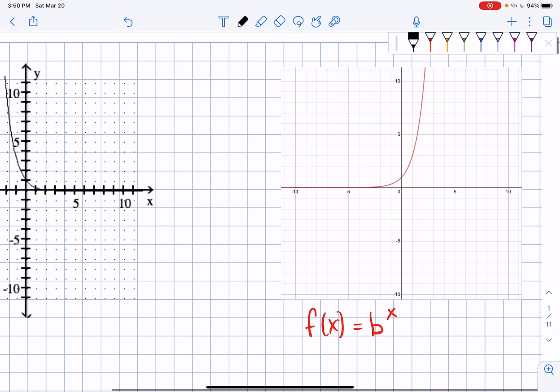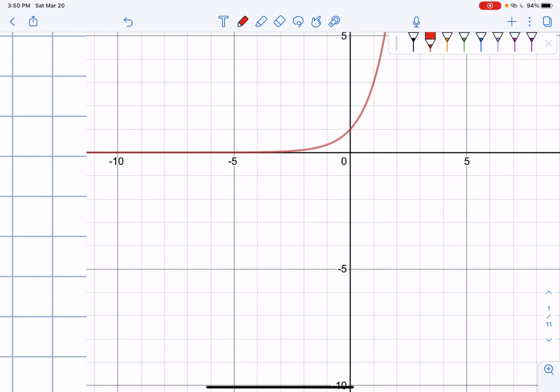So if I have f of x equals any base raised to the x power, the curve looks this way, going from left to right, from very close to zero, and then it sweeps up. More importantly, it always crosses the point (0, 1).